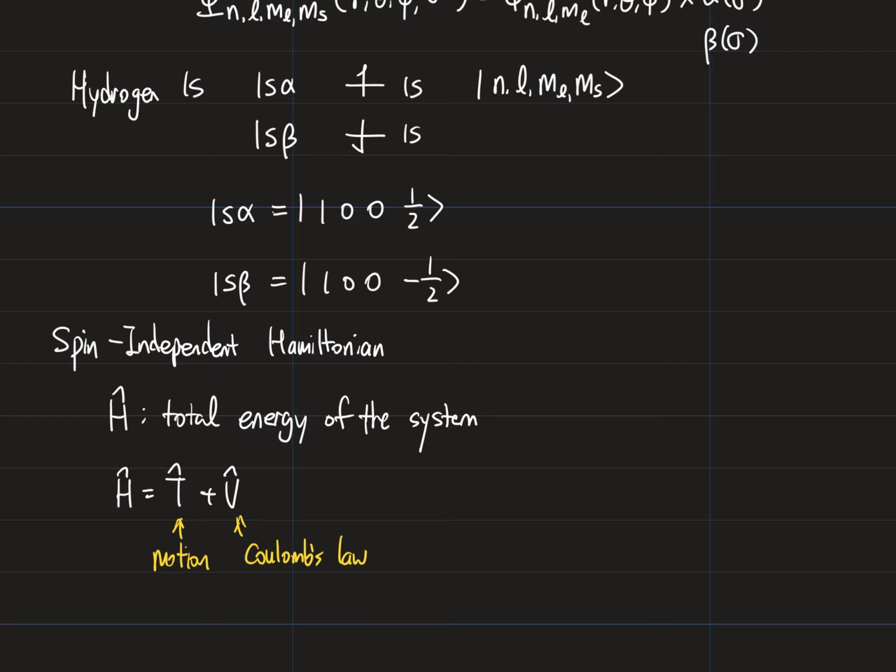The nucleus attracts a spin-up electron with the exact same force as a spin-down electron. Because the Hamiltonian only includes the electrical force, it is mathematically blind to the spin state. So it effectively ignores the alpha or beta part of the spin function.